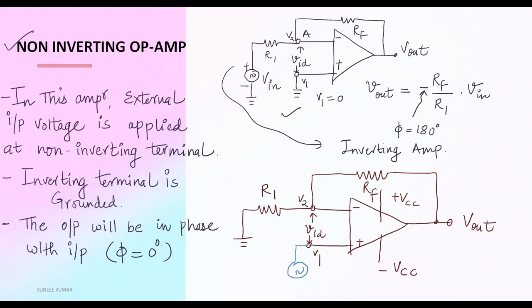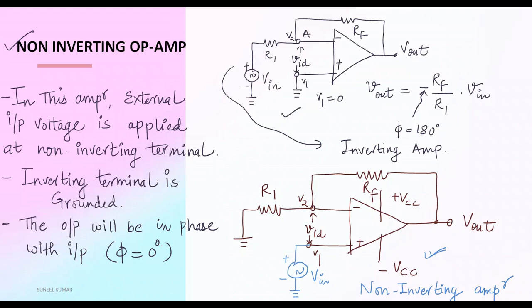This is plus terminal, minus terminal, and this one is grounded. So now the input voltage is connected at non-inverting terminal. That's why this is known as non-inverting amplifier.